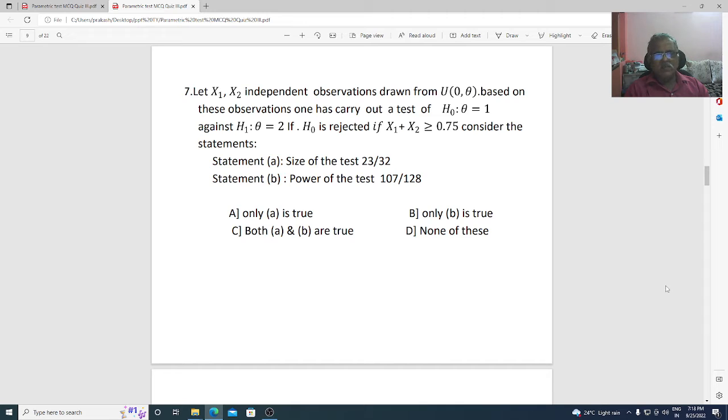Statement A, size of the test is 23/32. Statement B, power of the test is 107/128. Options: option A, only A is true; option B, only B is true; option C, both A and B true; and D, none of these. The correct option is only A is true.